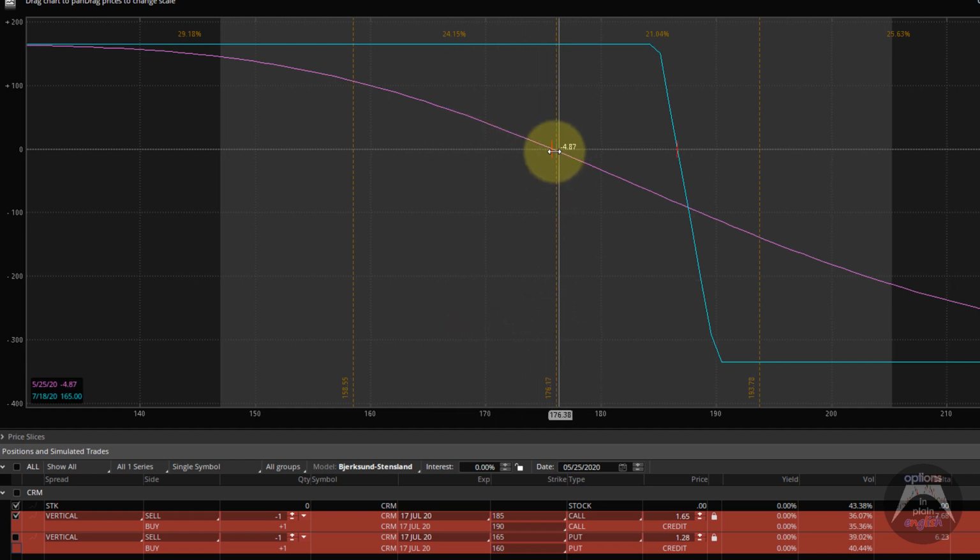This is where the price is. This is where our short is, 185, and this is where our long call is. So this is a bearish position. You can see here the delta is -7, so it doesn't have a lot of deltas because it's a vertical spread. So it's the 185 190 short call spread. I can make 165, and I can lose 335. So this is what it looks like.